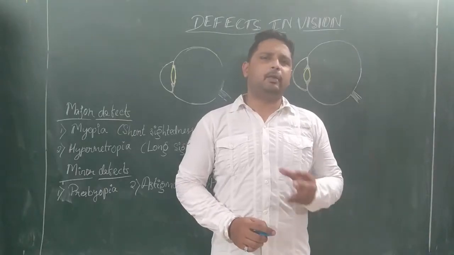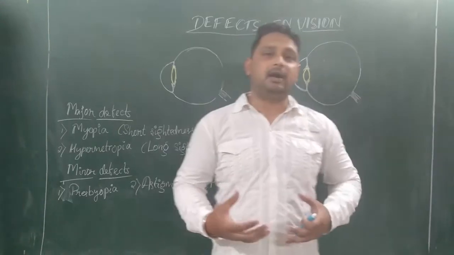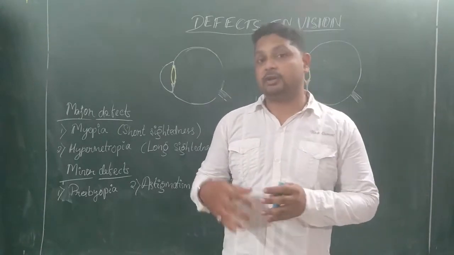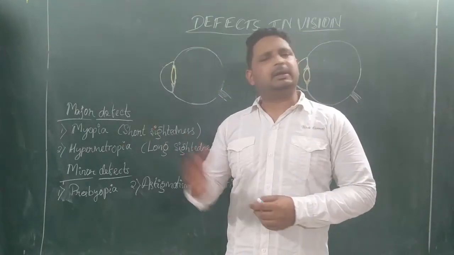We can compare our body to a machine. Just like a machine has different parts, our body has different parts so as to function properly. Similarly, the human eye also can be compared to a machine.